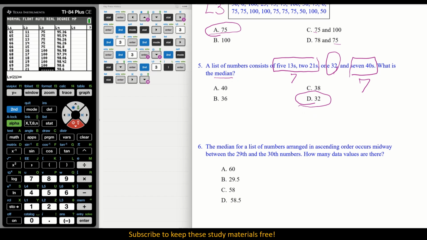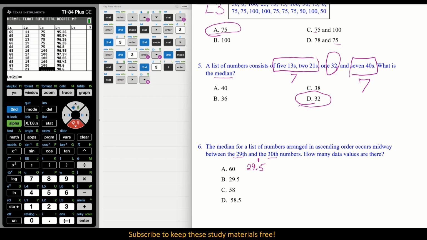The median for a list of numbers arranged in ascending order occurs midway between the 29th and 30th number. How many data values are there? The median is actually between them, so that will be 29.5.